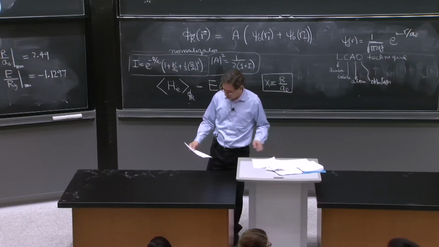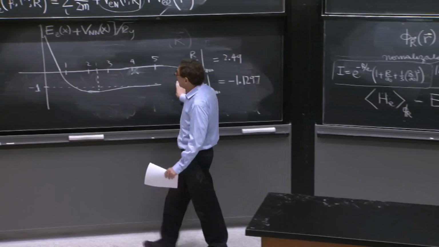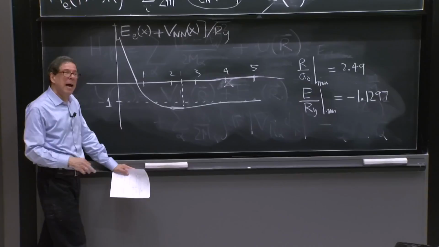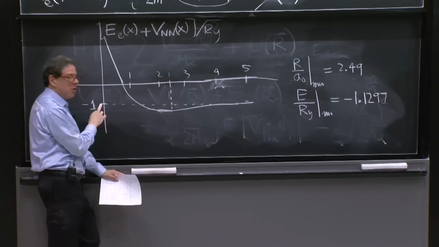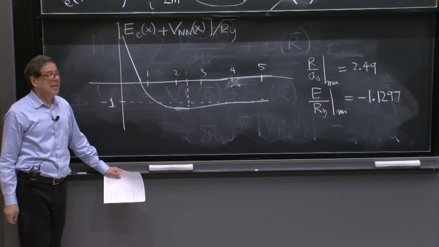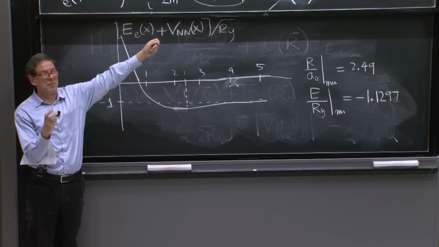So let me tell you what's happening. Again, we do get this system. Happily, the minimum was below minus 1. The minus 1 was the situation in which you have a hydrogen atom and a free proton.